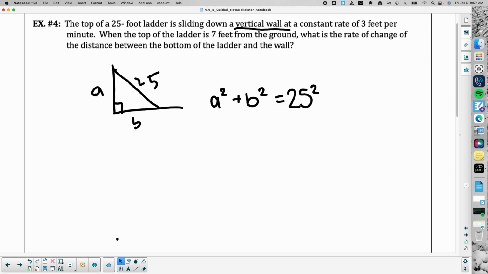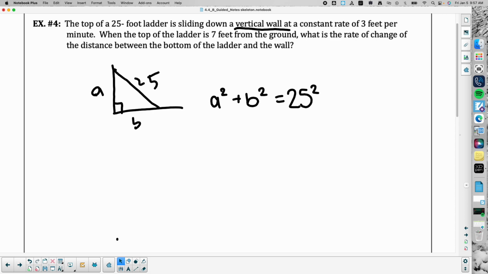You gave me a whole bunch of answers there, I think. You said try to find A and B? Oh, no, not quite. We actually will know A and B already. It's asking us to find, so it says, what is the rate of change? So derivative. What is the rate of change of the distance between the bottom of the ladder and the wall? Which one of our things up there is between the bottom of the ladder and the wall?